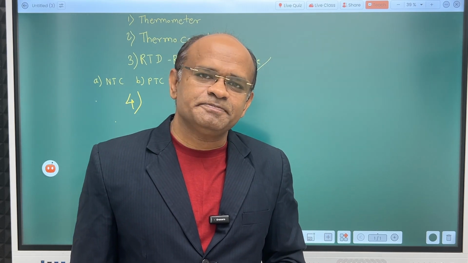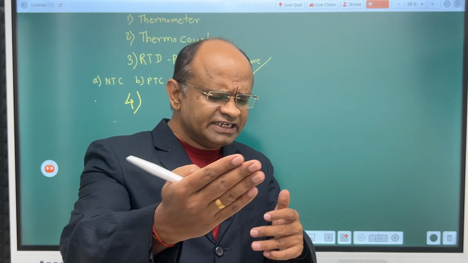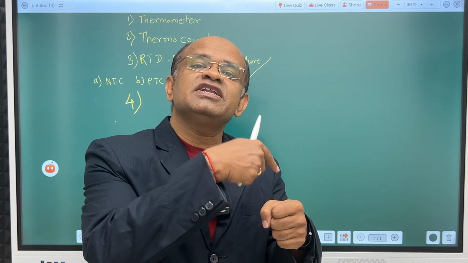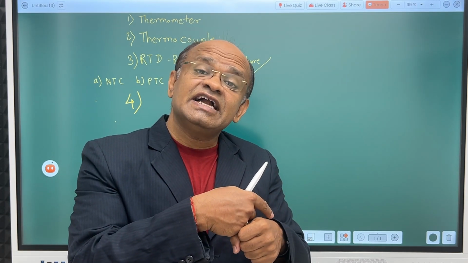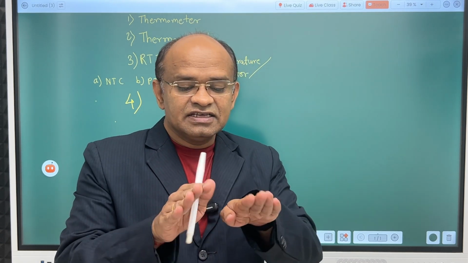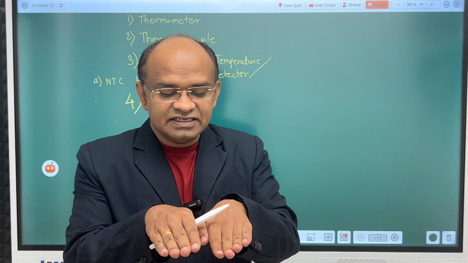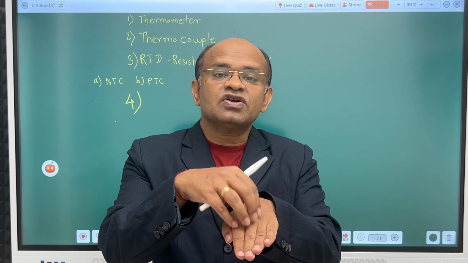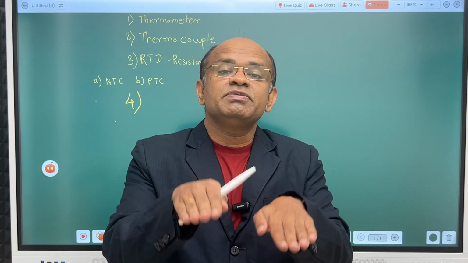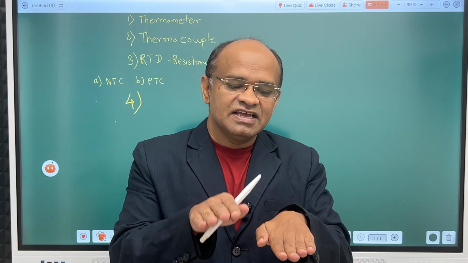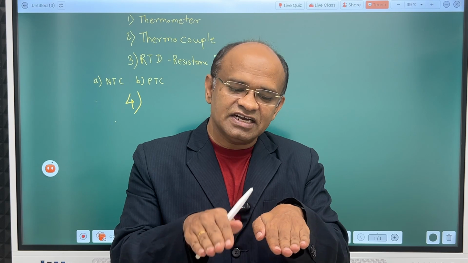The temperature gun: the emitted heat will come onto its lens, and the lens will translate that heat to the crystal inside. Let's say these are crystals; if the heat strikes one crystal, there will be a potential difference.